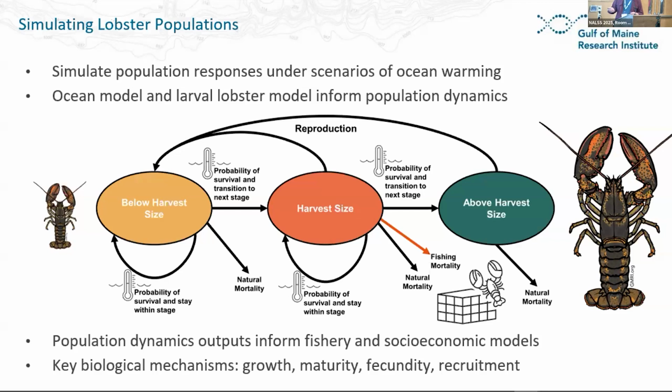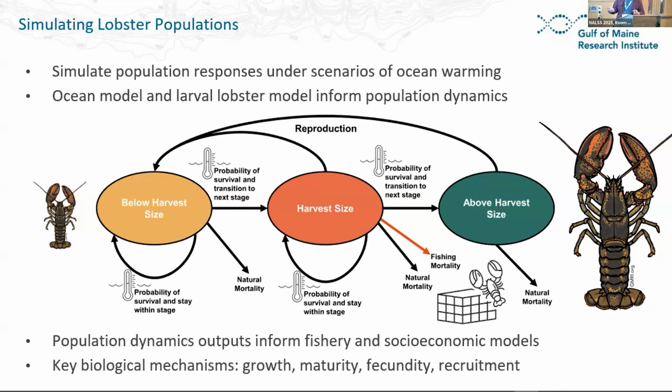And likewise, there's a duration within that size. There's a minimum legal size and a maximum legal size. If you're lucky enough as a lobster, you will grow, survive, and reach the next stage, and you're safe from the fishery. But in this harvest size, we have this additional component of fishing mortality.